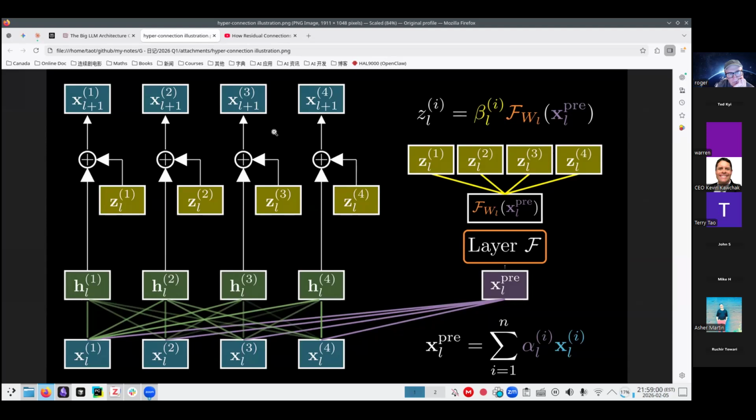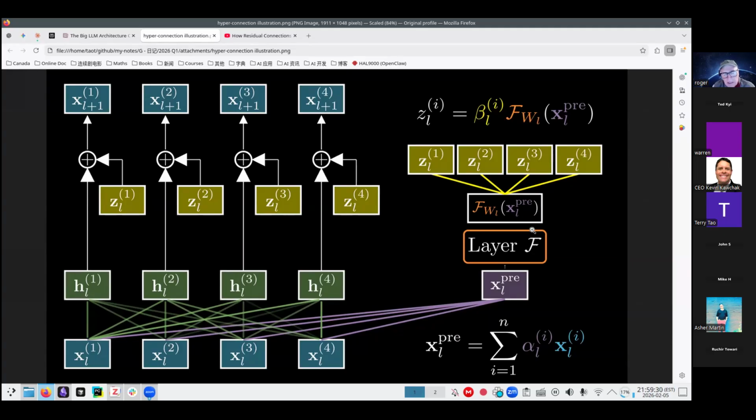So that's how they make the residual streams n times, but the layer dimension still remains the same. Any questions on this?